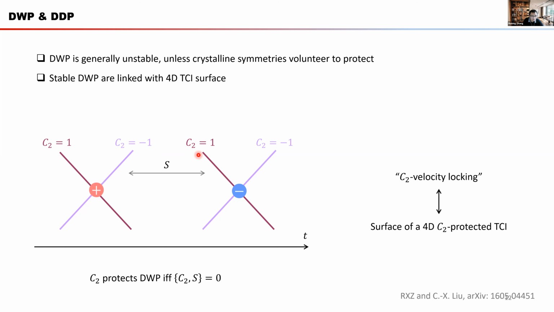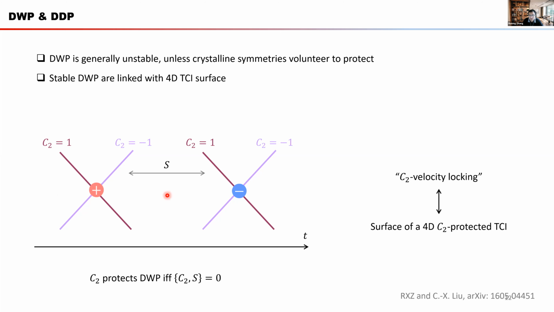Similarly, you can plot the other movers for these two Weyl nodes, and you can see that the C2 eigenvalue is always locked with its velocity along the time direction. This means all the right movers and all the left movers live in different C2 subsectors. Even if you squeeze these two Weyl nodes together at the same point, you can never add a perturbation that couples them without breaking the C2 symmetry. So this is how the crystalline symmetry can stabilize this Weyl node in this case.